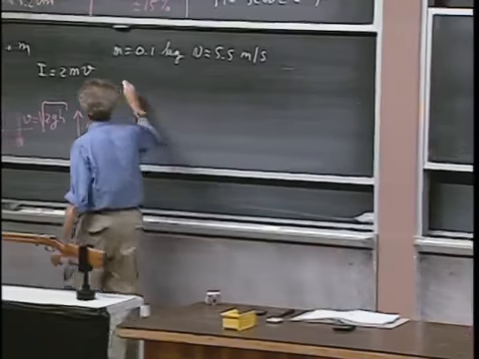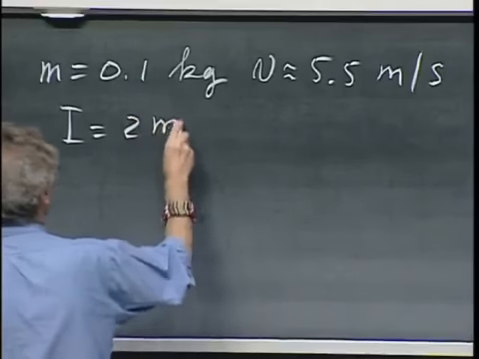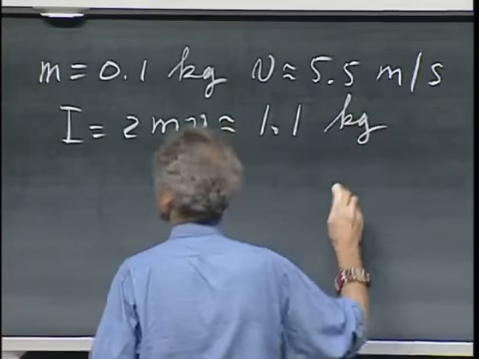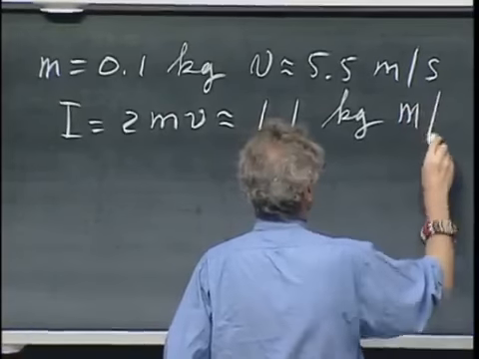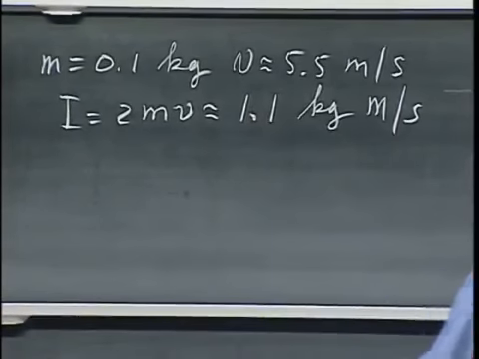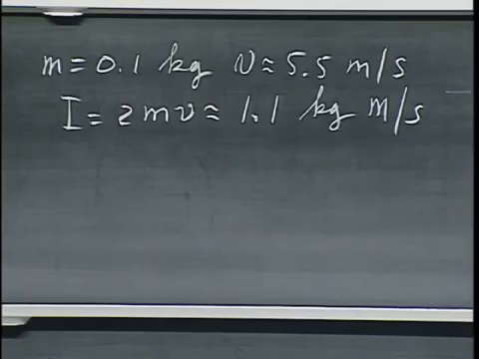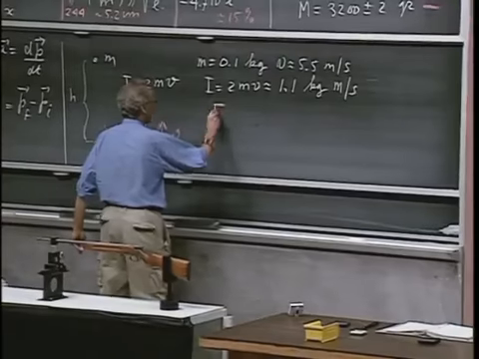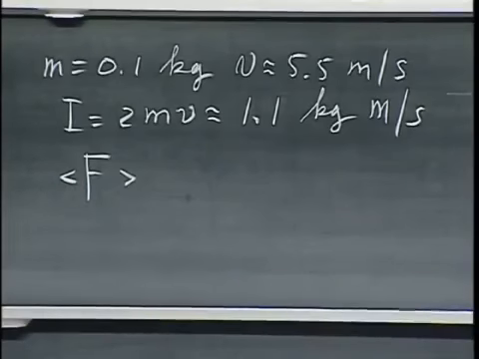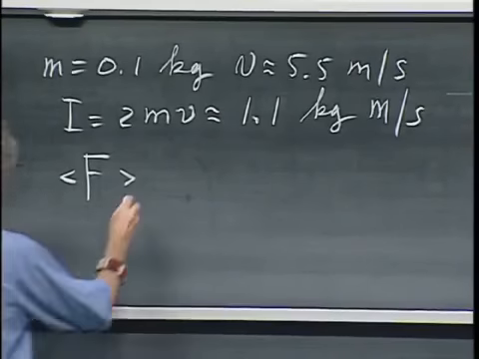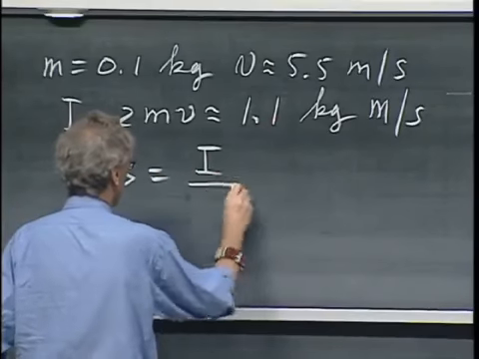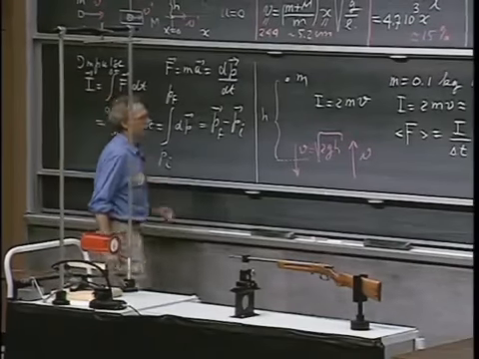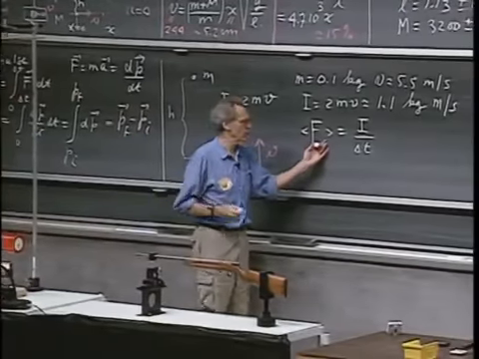So the impulse equals 2mv, about 1.1 kilogram meters per second. And that means that if the collision time is delta t seconds, the average force acting upon this ball during the collision with the floor equals the impulse divided by delta t, because remember that was our definition of impulse. So if we know the impulse, we get a feeling for the average force.